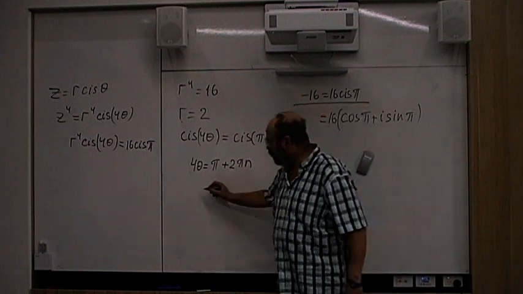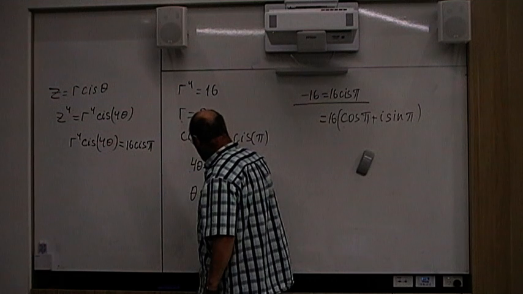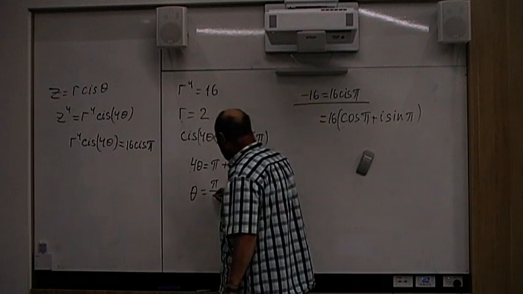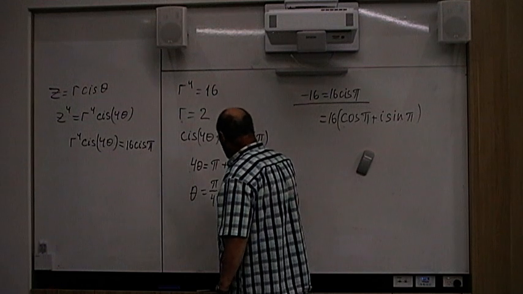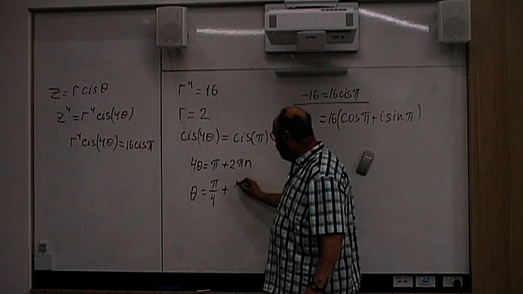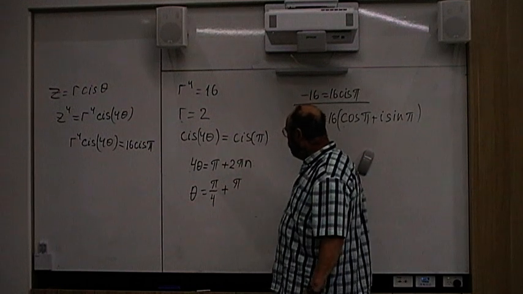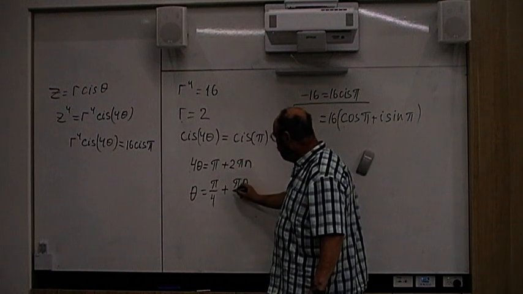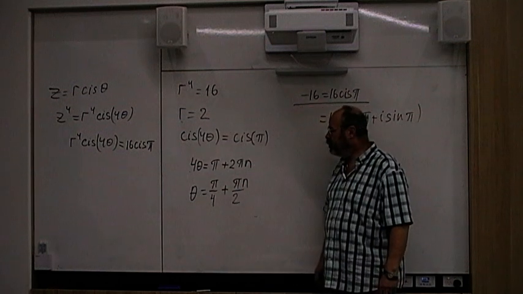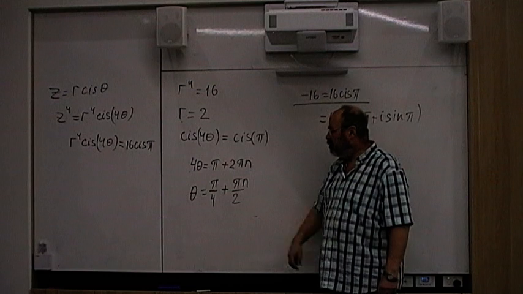So what theta equals from here is pi on 4 plus pi n on 2.